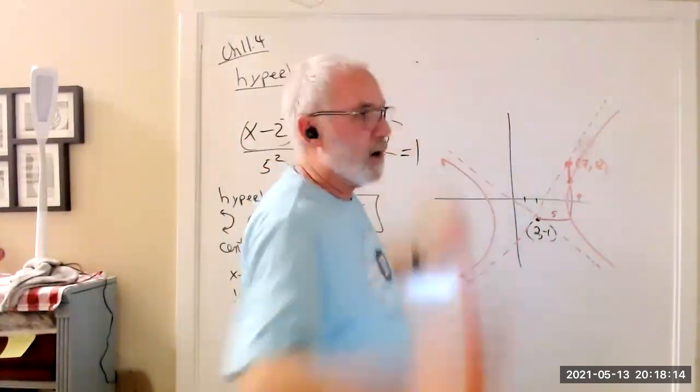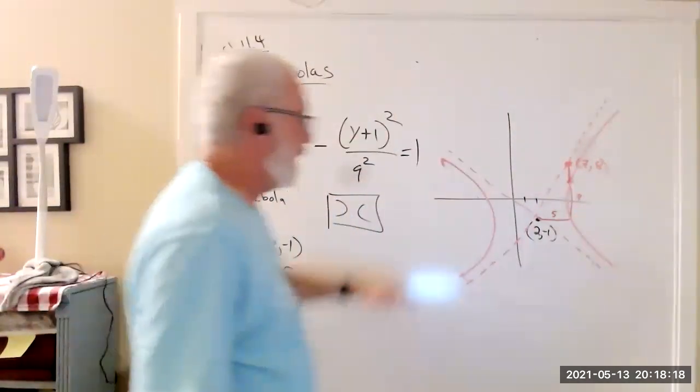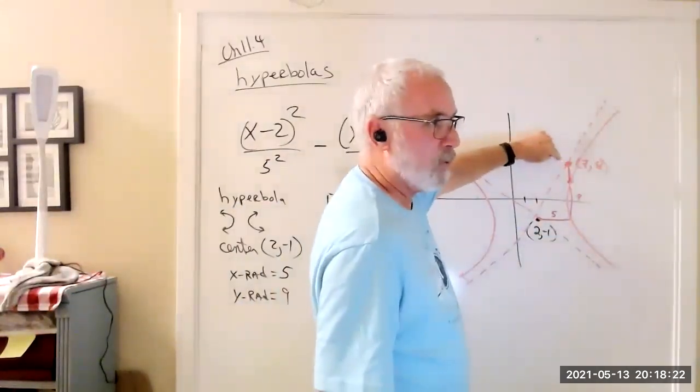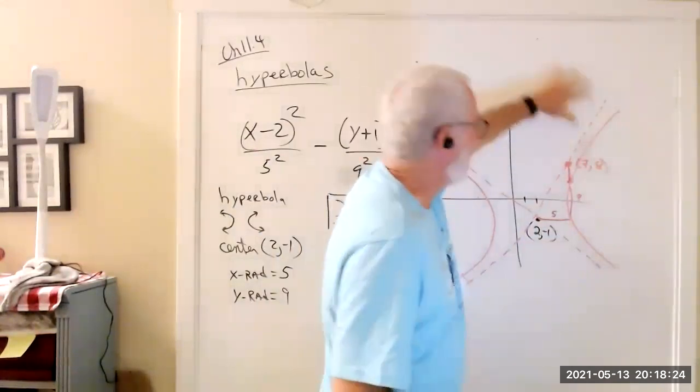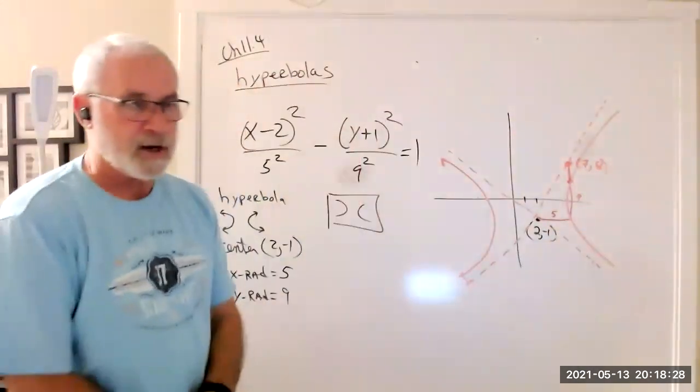Mom will then draw everything in. If you went over 5, up 9 to the correct point, it'll draw in the asymptotes, it'll draw in your hyperbola, and you're done.